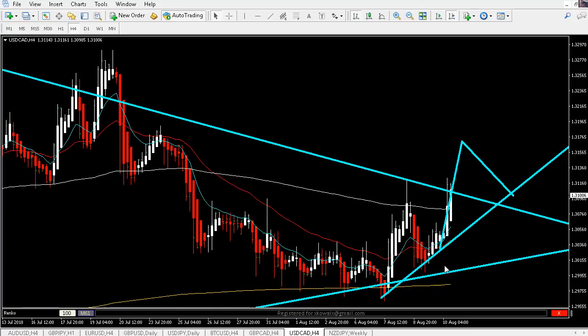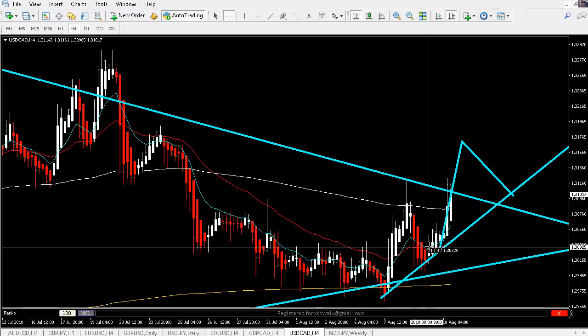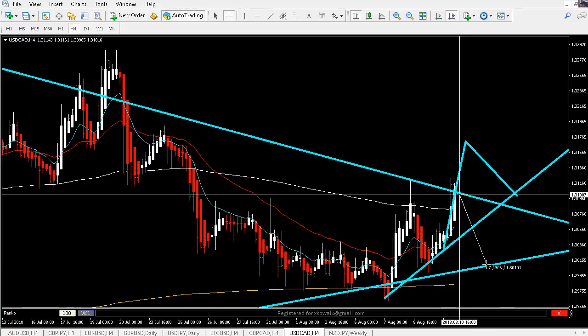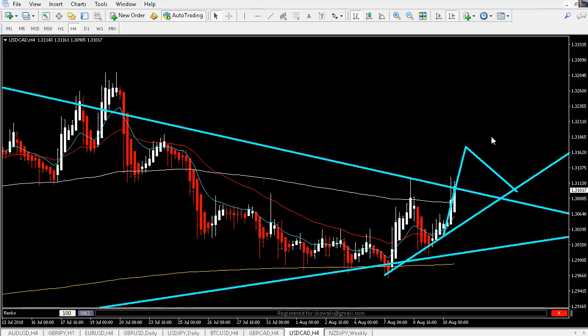I have already one inside this range, so using this to get in here and target this line is all good. Or the other way around, if it's coming back, you can always try to target again this line. But for longs, we really need a setup above here, so it looks like this.